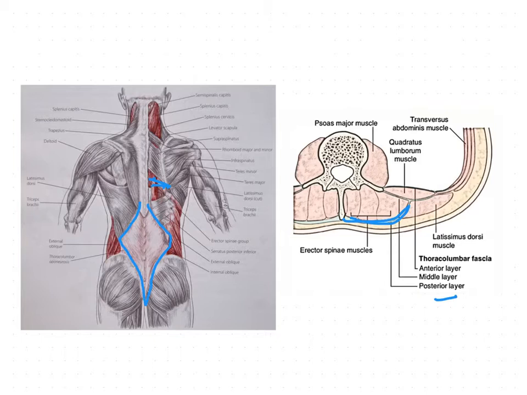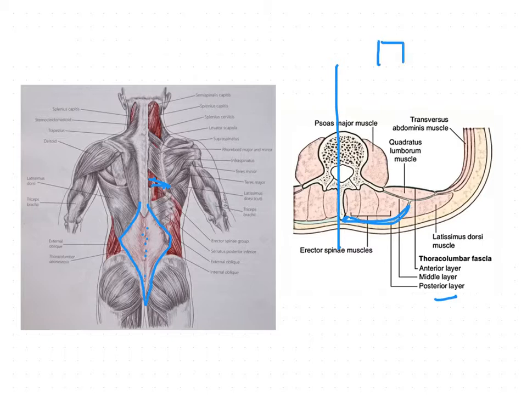Medially, this is the medial side, the posterior layer is attached to the tips of the lumbar and sacral spines, and also the interspinous ligaments.